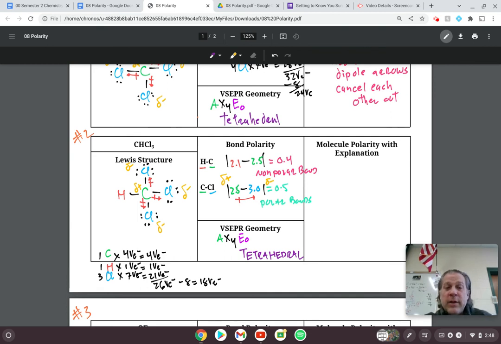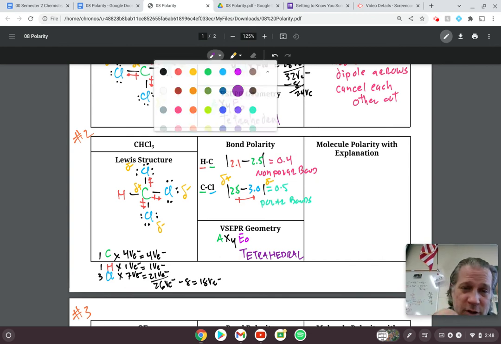Now, in this case, though, we are going to talk about the molecular polarity. The dipole arrows that are pointing up and pointing down cancel each other out. But the dipole arrow that is pointing to the right toward the chlorine has nothing to balance it out or cancel it out.